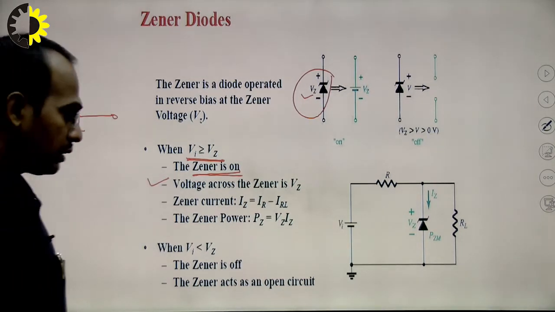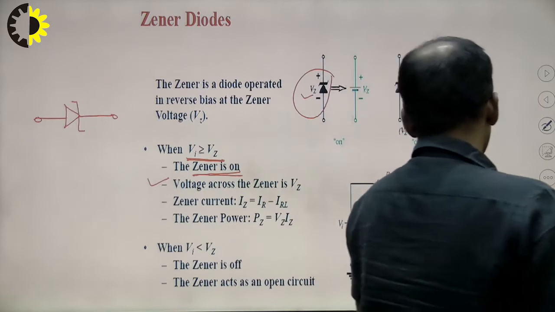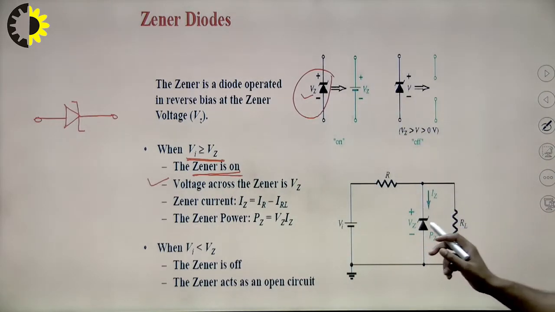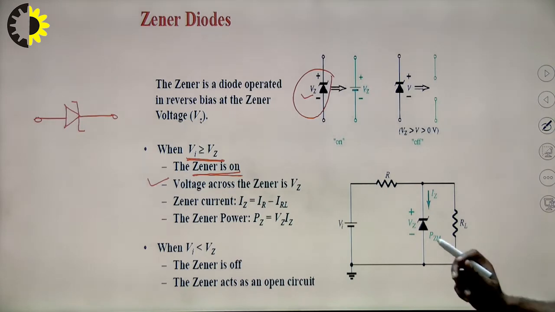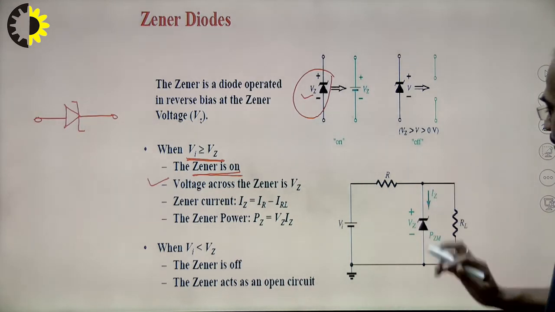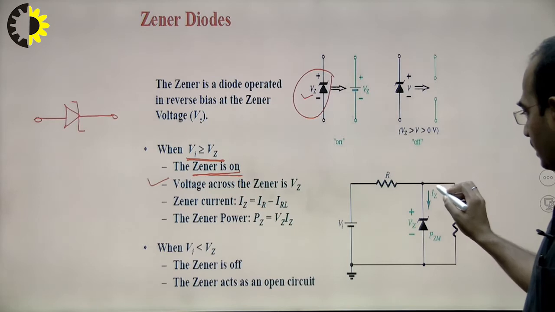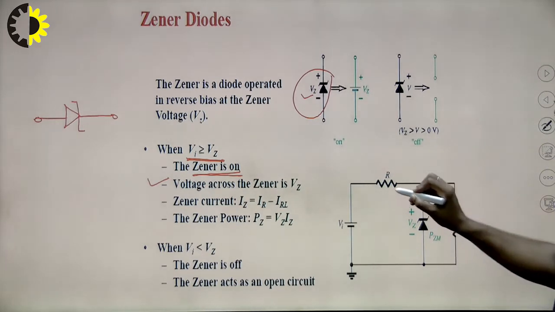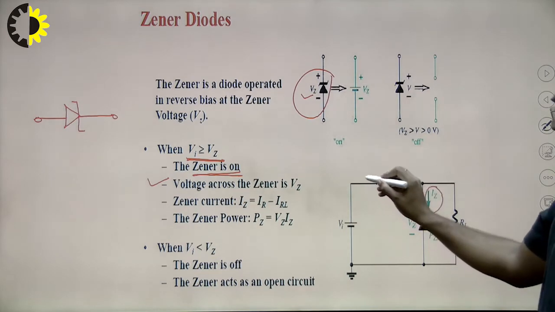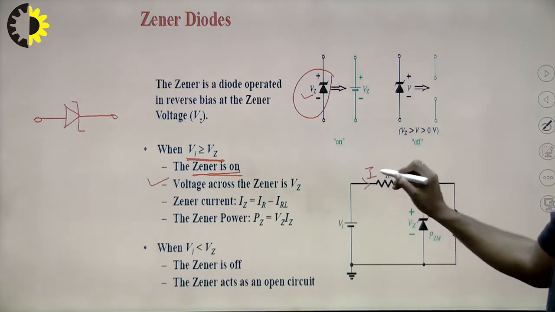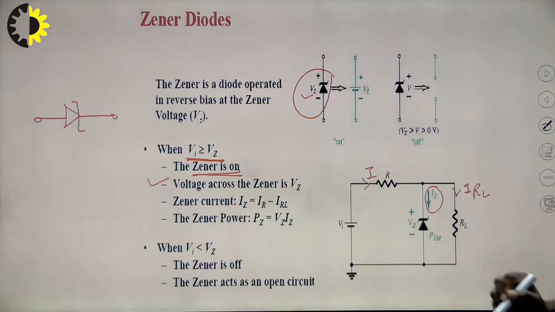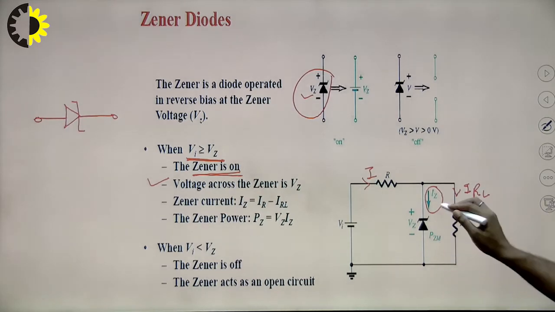This is the circuit where the Zener diode has been used. Here you can see that the Zener diode is connected in parallel with the load resistance. If I consider the current flowing through the Zener diode as Iz, the current coming from the source through the resistance R as IR, and the current flowing through RL as IRL, then what will be the value of Iz?